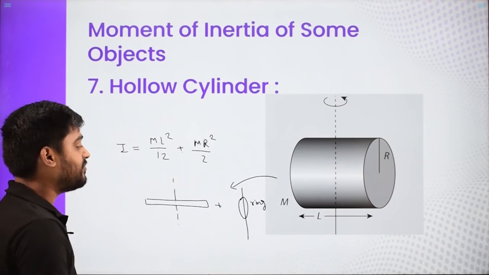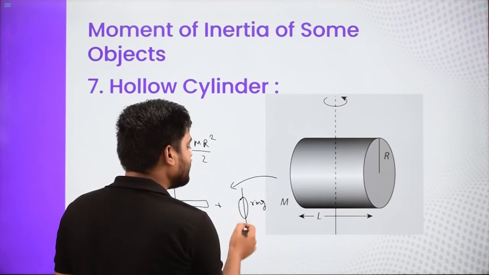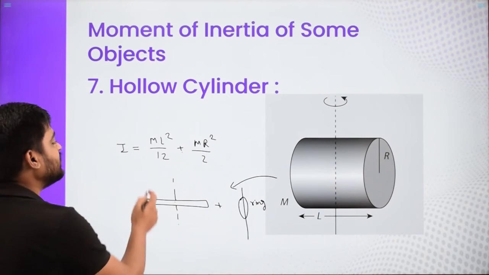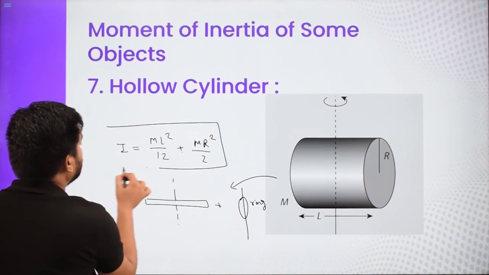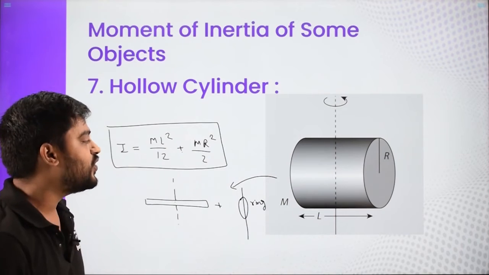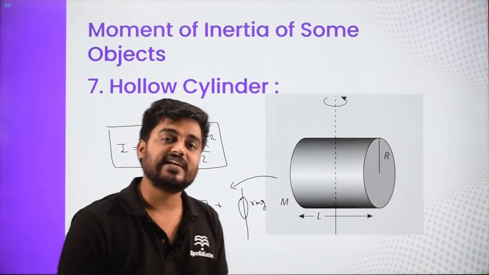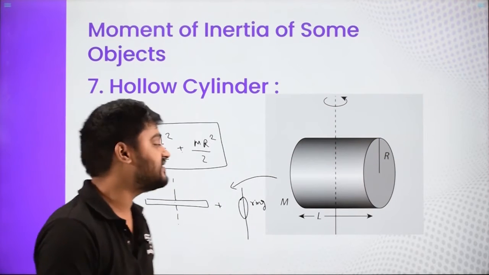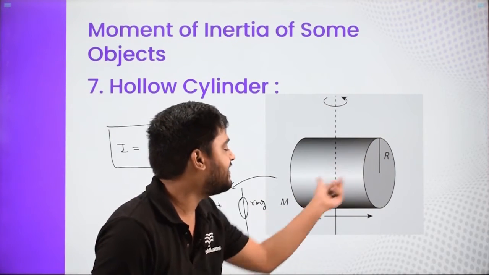We already applied that formula. Plus the moment of inertia of a ring about a diametrical axis, which is nothing but m r square by 2. So this is going to be the formula for the moment of inertia of a hollow cylinder about an axis which is its perpendicular bisector. It's perpendicular to its axis and it bisects the cylinder. The cylinder has L length, R radius and M mass.